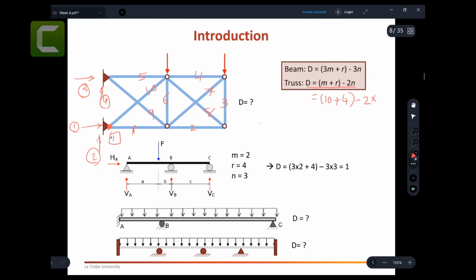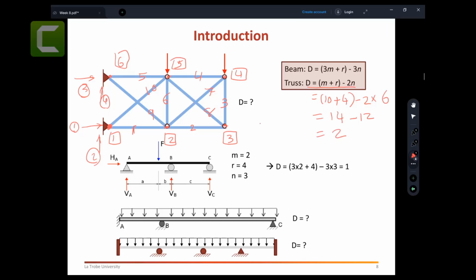Joint number 1, 2, 3, 4, 5, 6. Am I missing any? I think there are none missing, so 6. So that is 14, take away 12. Degree of indeterminacy equal to 2.